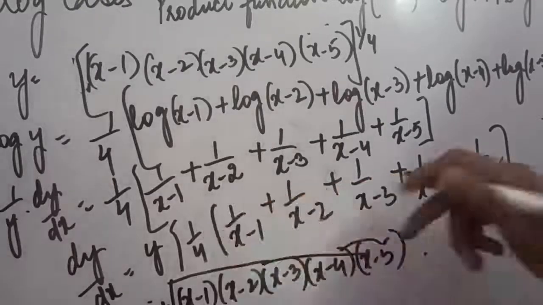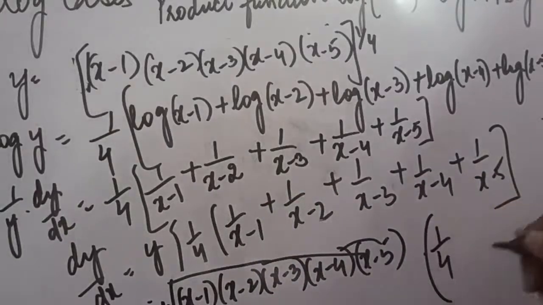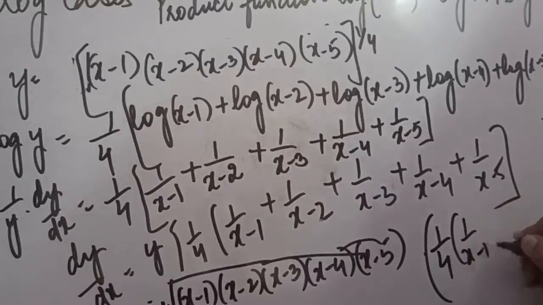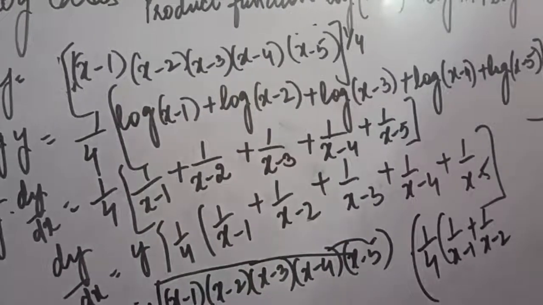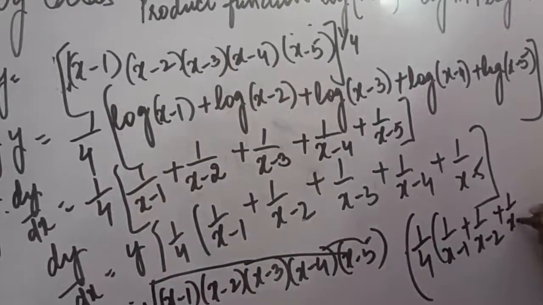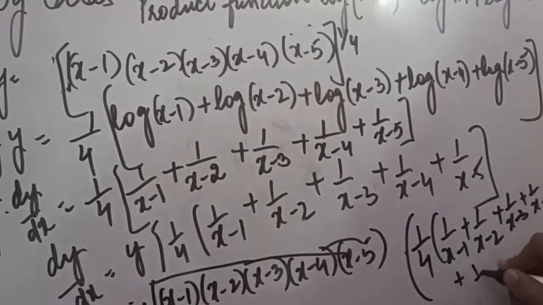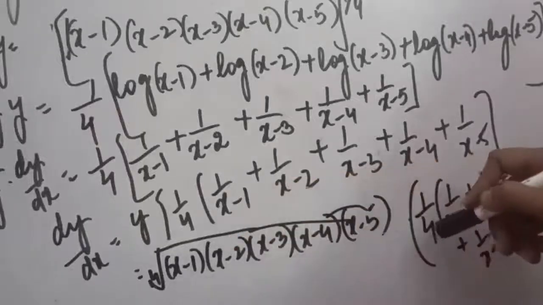Into the same exactly we will be writing 1 upon 4, bracket 1 upon (x minus 1) plus 1 upon (x minus 2) plus 1 upon (x minus 3) plus 1 upon (x minus 4) and plus 1 upon (x minus 5). So this will become our final answer.